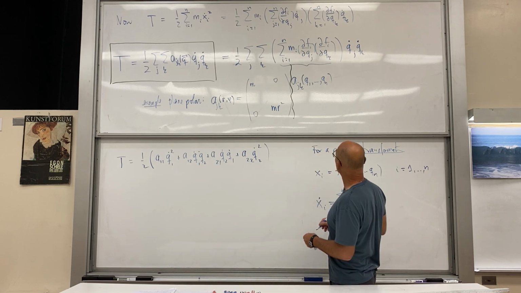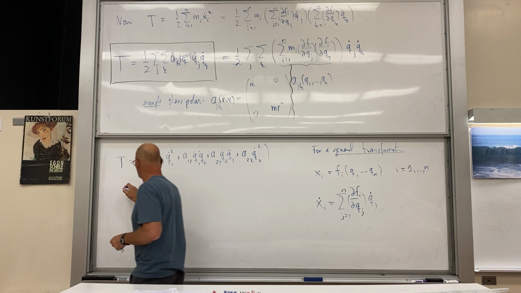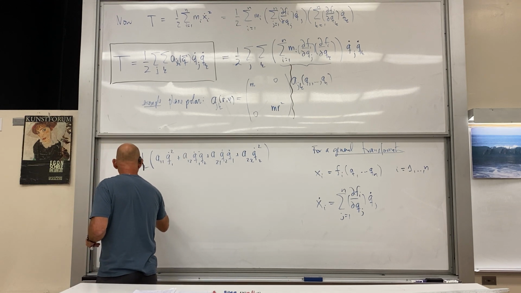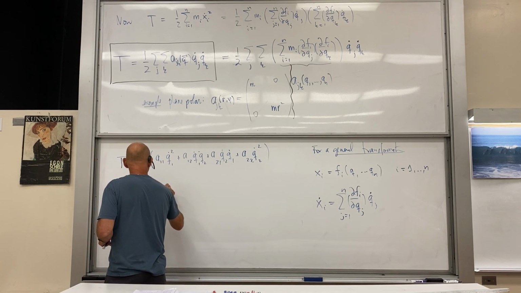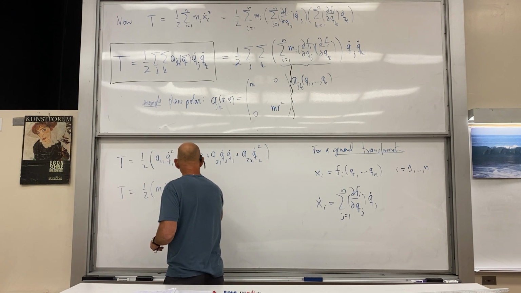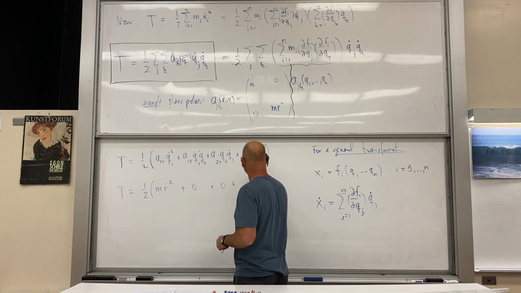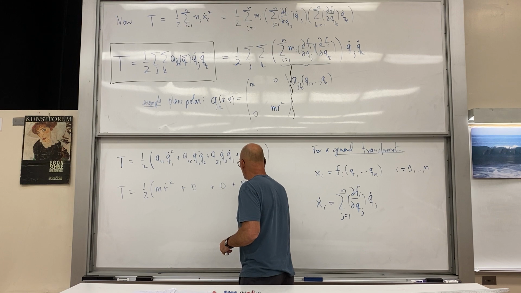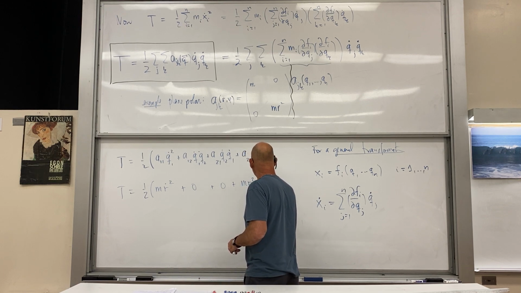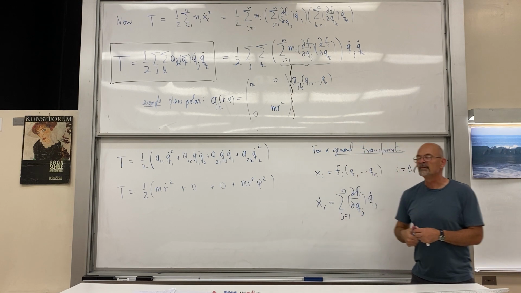And now if we go to the polar coordinates one that I just erased, we have 1/2 m r dot squared plus nothing there plus nothing there plus m r squared phi dot squared. Okay, I'm going to leave it at that.